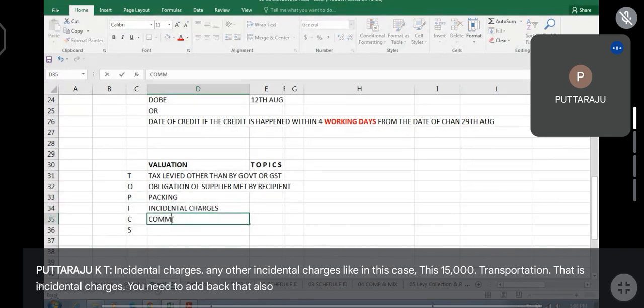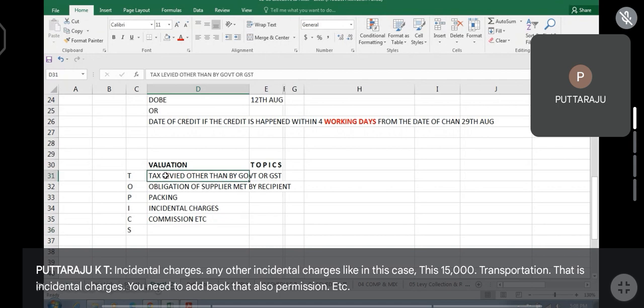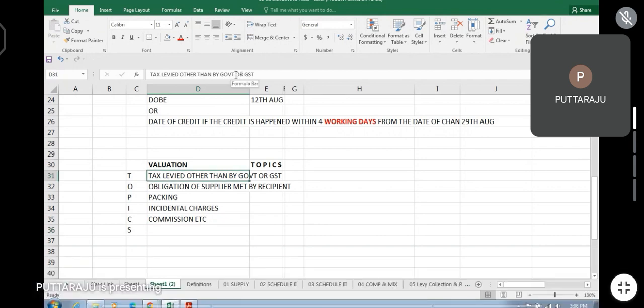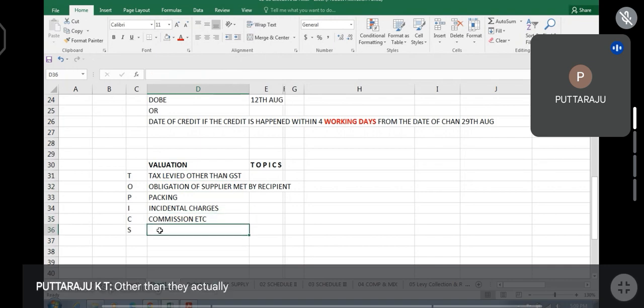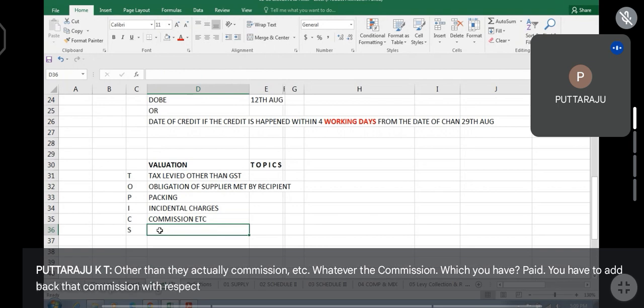C, commission, etc. Other than GST only, commission, etc. Whatever the commission which you have paid, you have to add back that commission with respect to that supply.